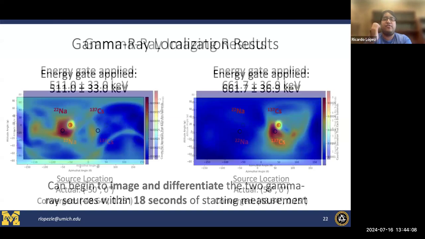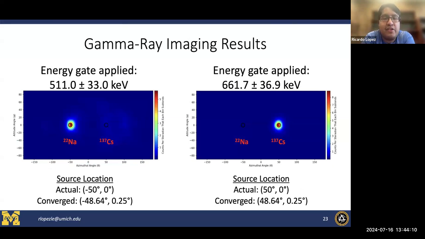However, if we measure for several minutes longer and then apply the converging algorithm that I mentioned before, then we end up with the final images shown here, where we have very good agreement between the true gamma ray source locations and the final converged locations according to the data collected.